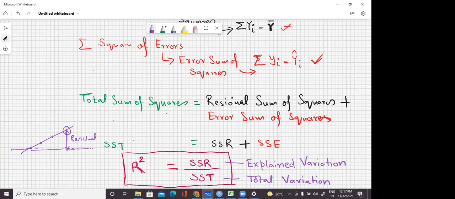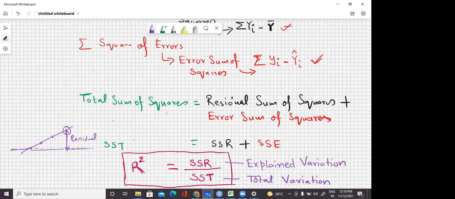In that case, as you can see, the numerator will consist of all the residuals only, and the denominator is effectively residual sum of squares plus error sum of squares. All the errors are 0 because all the points are on the regression line. So total sum of squares will also be effectively only residual sum of squares.